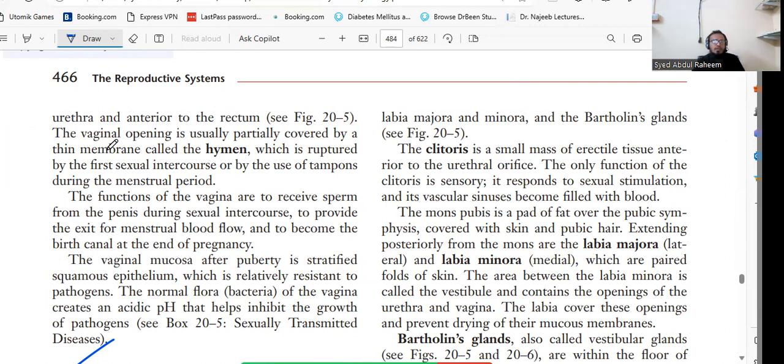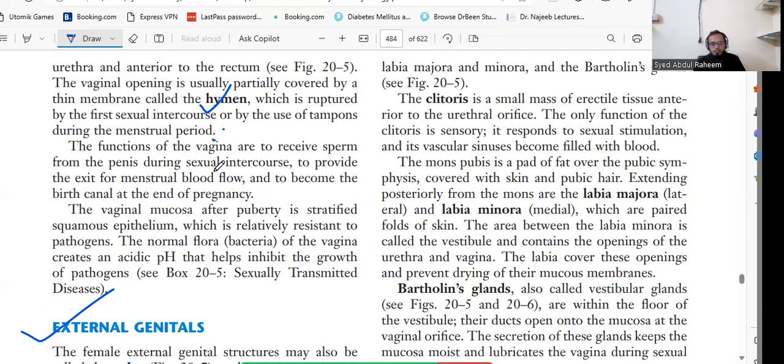The vaginal opening is usually partially covered by a thin membrane called the hymen, which is ruptured by the first sexual intercourse or by the use of tampons during the menstrual period. So the hymen is the thin membrane covering the opening, and it will break.